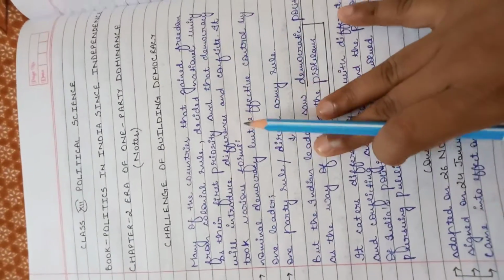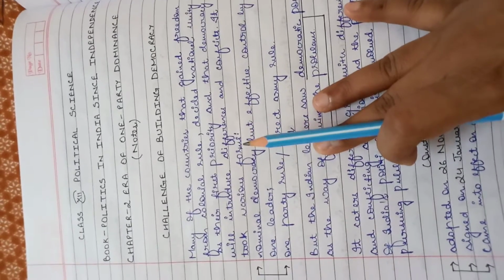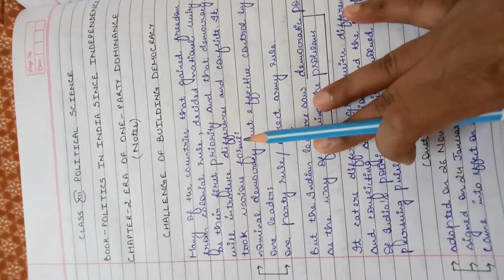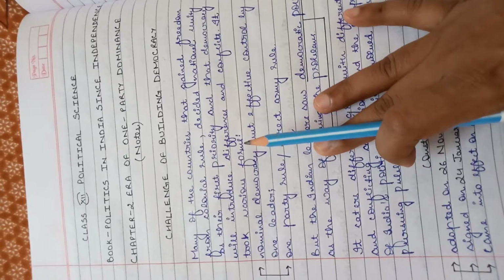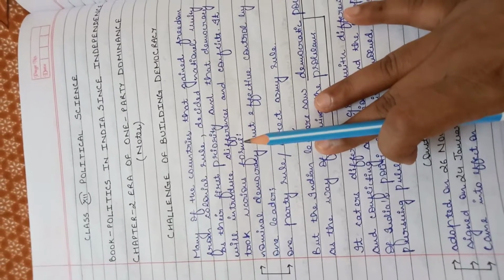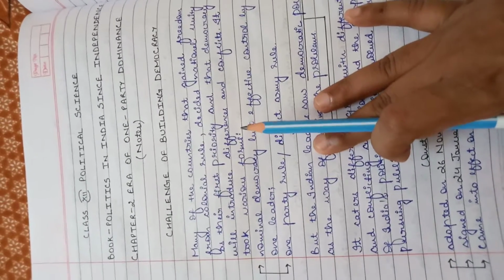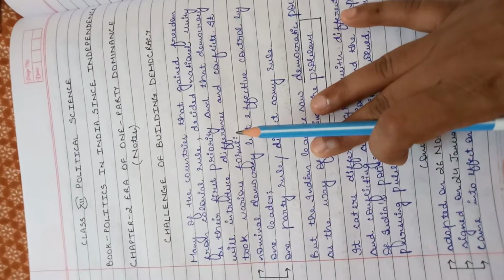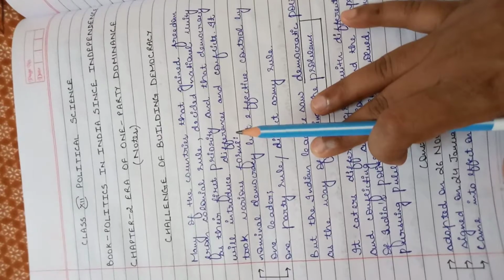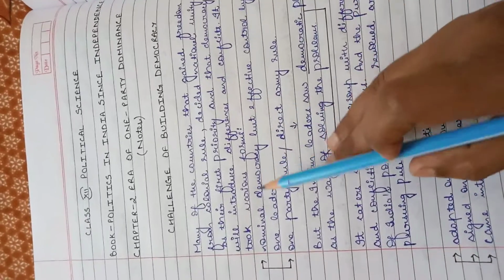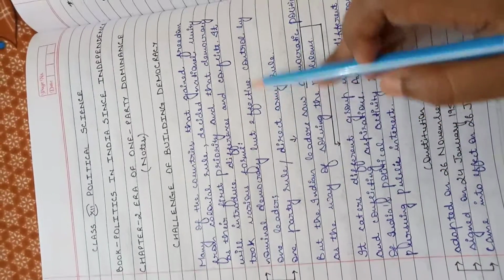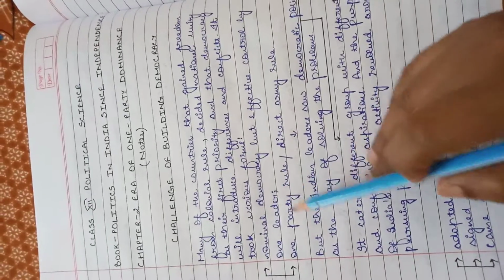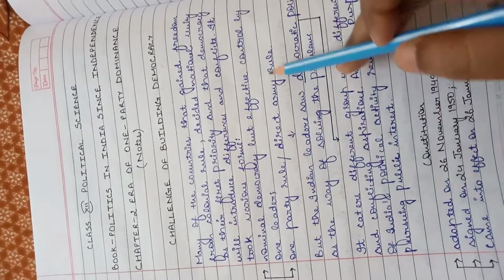Even in countries where leaders gave a kind of confirmation to their citizens that they would establish democracy, they did not. Or even if democracy existed in those countries, it was a very nominal democracy but effective control by one leader, one party rule, or direct army rule.